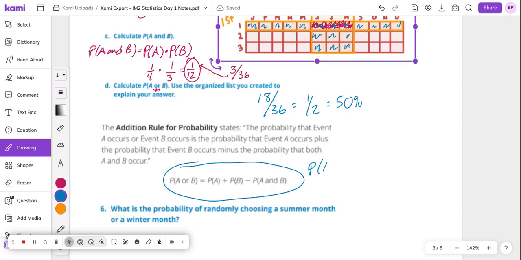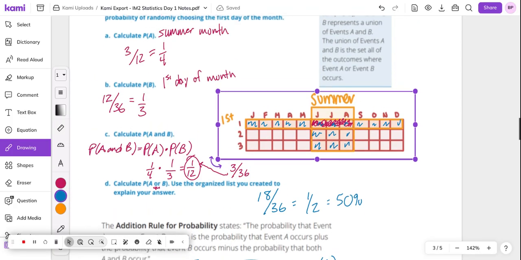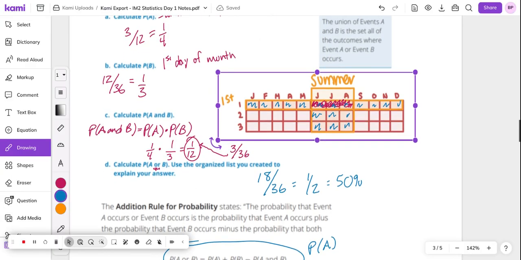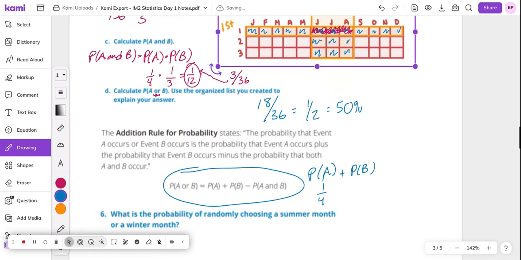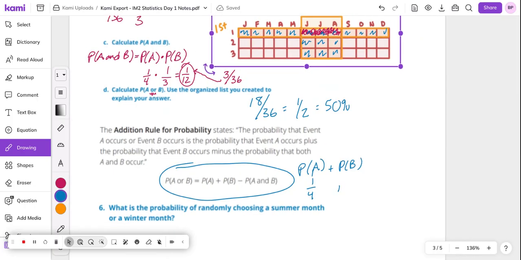If we go probability of A, which was the probability of a summer month, that was 1/4, plus the probability of B, which was the first day of the month, that was 1/3, so plus 1/3, minus the probability of A and B. And now we know that A and B, this right here, is 1/4 times 1/3, right?